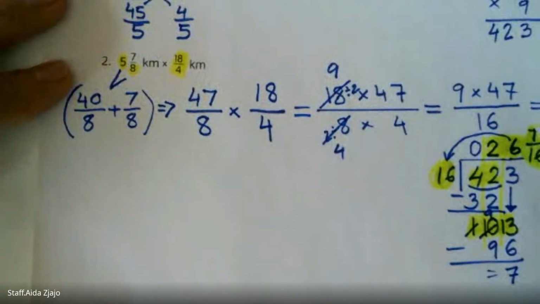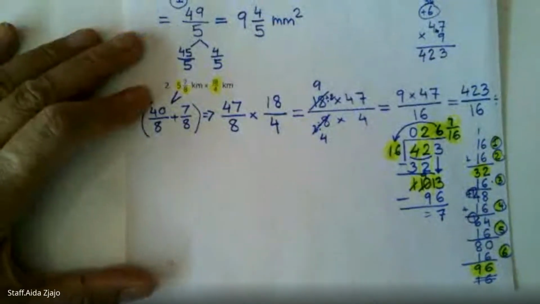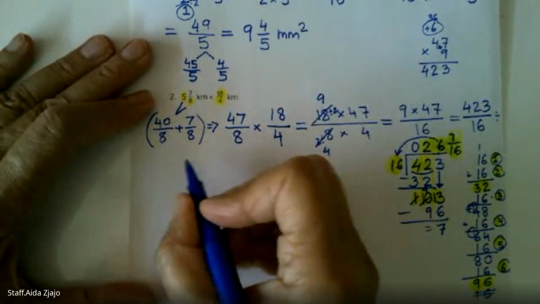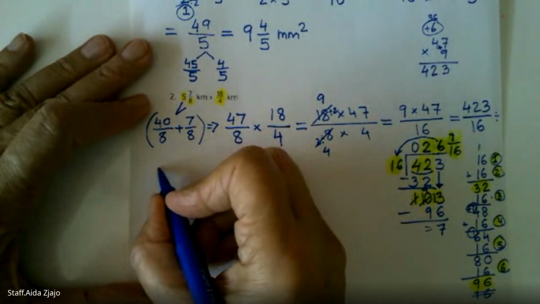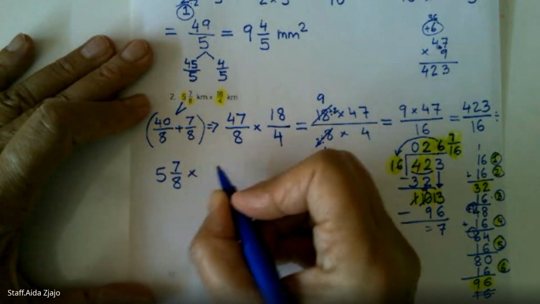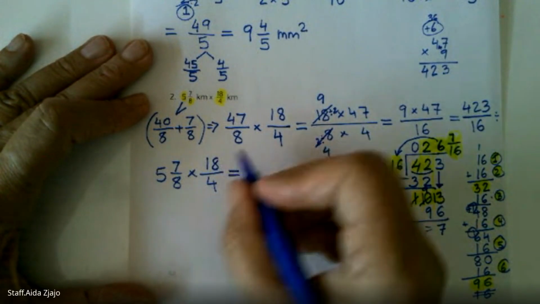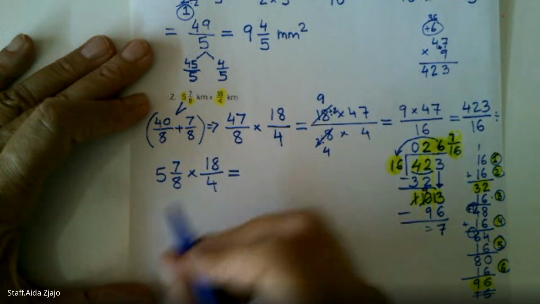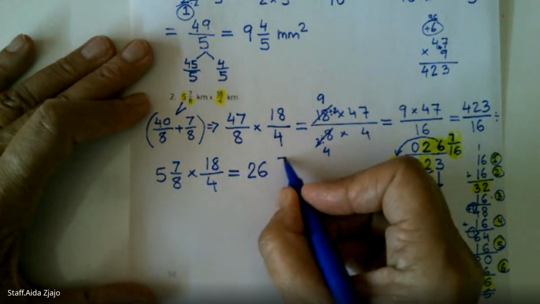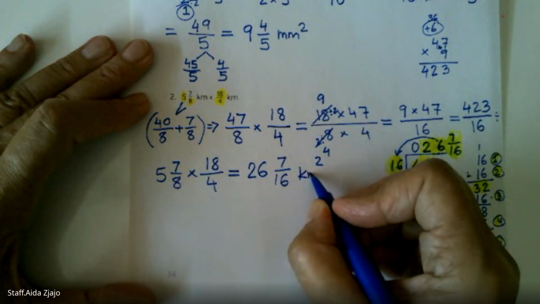So let's go back to this. All right. So if I make that 5 and 7/8 times 18 fourths equals 26 and 7/16 square kilometers.